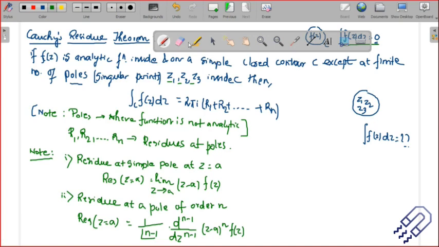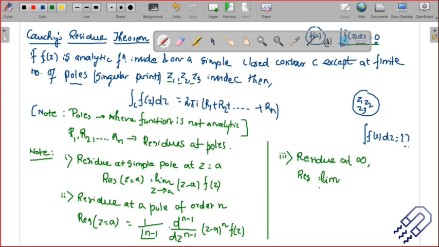This is a very important slide. I suggest all of you remember this. Maybe you can take a screenshot and keep it with you. The third one, all important points you need to understand: residue, pole, and how to use the Cauchy residue theorem. Finally, we can also find the residue at infinity. The residue at infinity will be the limit as z tends to infinity of minus z f of z.